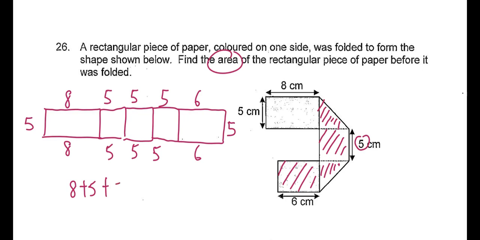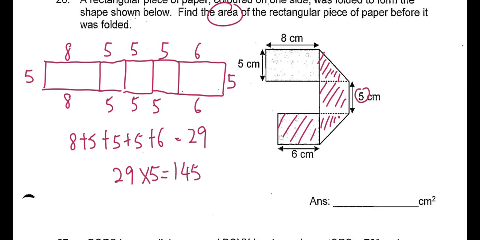The length is 8 plus 5 plus 5 plus 5 plus 6, which equals 29. The breadth is just 5. So area is length times breadth. The answer is 145. Okay, that gives you the answer, 145.